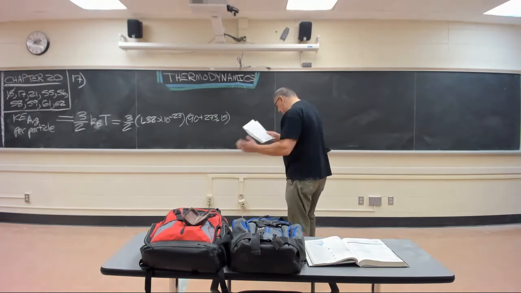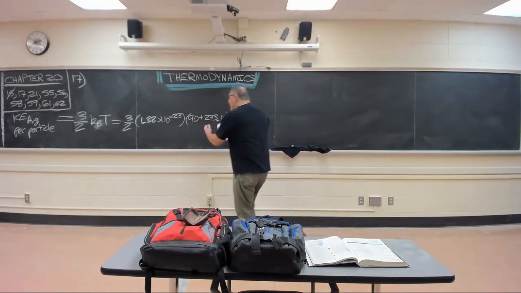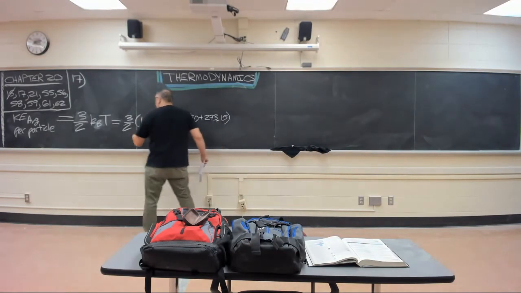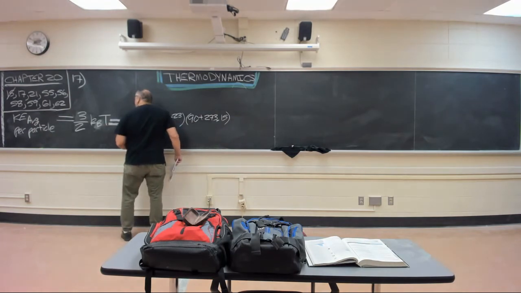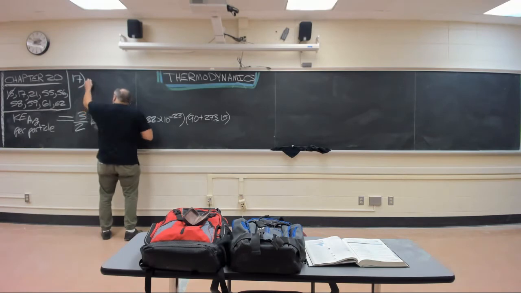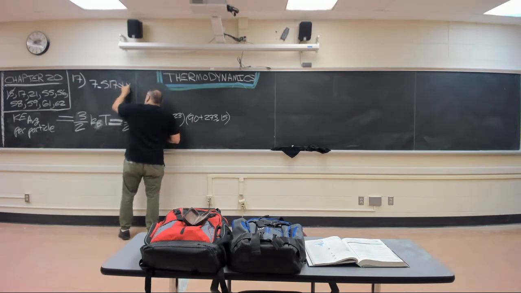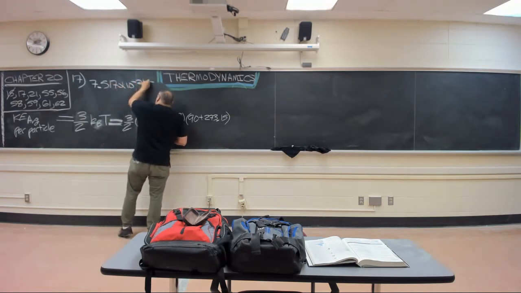The book is using, in some places, 273.15, so let's just be aware of that. When you take care of all of that, it gives us, at the end of the day, 7.517 times 10 to the negative 21 joules.